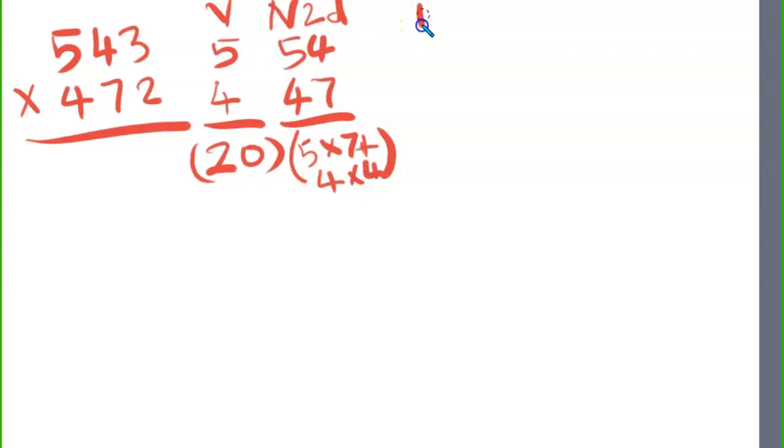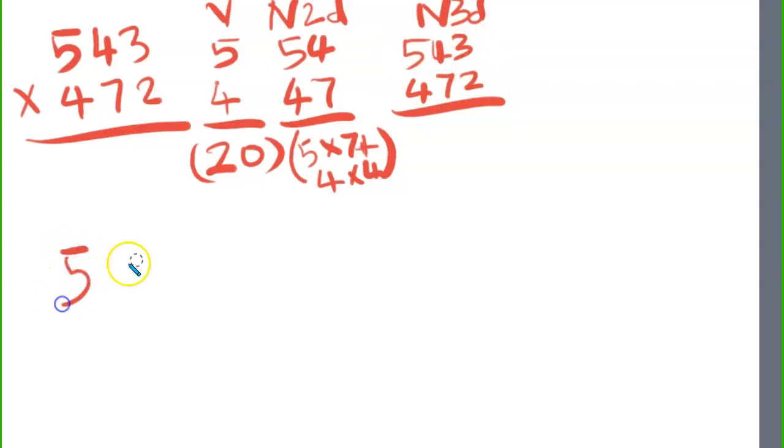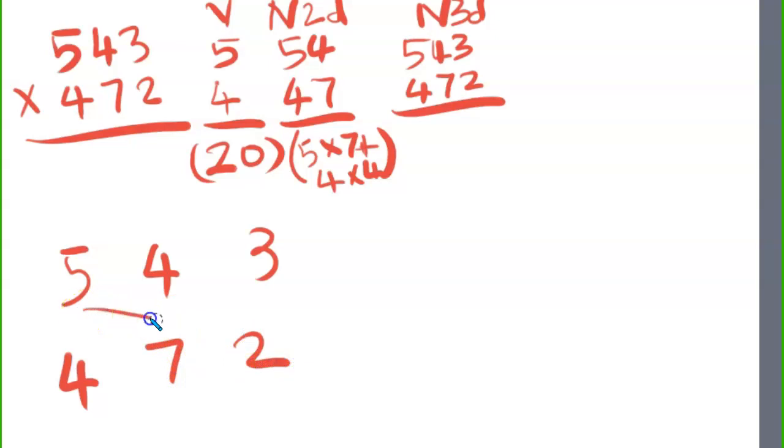And then we take the 3 digits together, in this case 543 by itself and 472 by itself, and we use the cross multiplication. If I write it in a larger format, I can show you the cross multiplication with 5 and 2, 4 and 3, and 4 and 7.